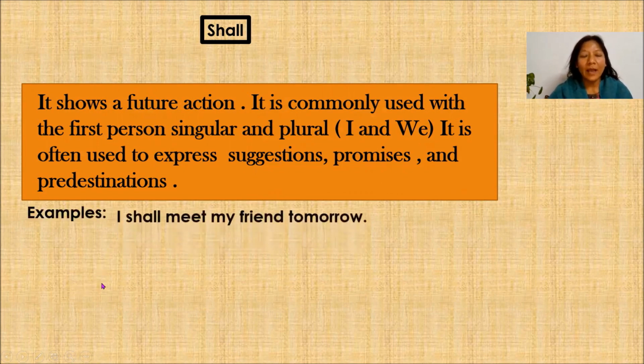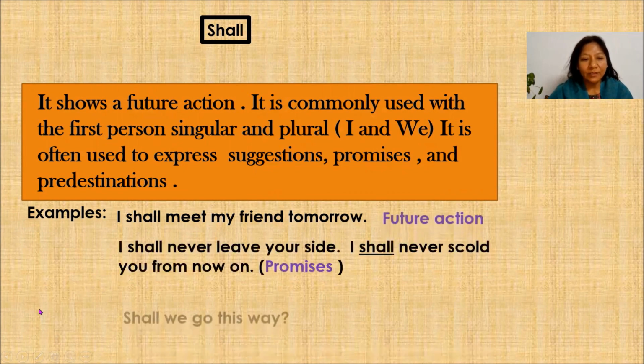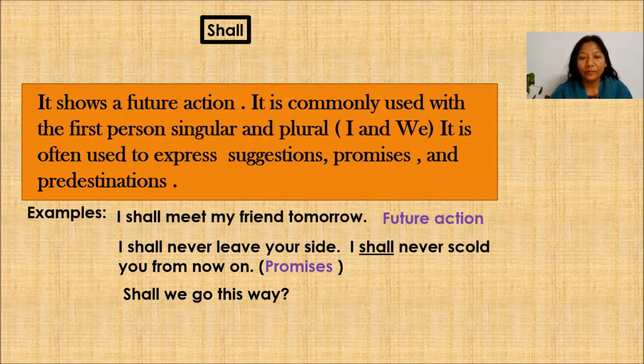For example, here, I shall meet my friend tomorrow. This is future action. I'm going to meet my friend tomorrow. Okay, future action. And I shall never leave your side. This is my promise not to leave your side. I shall never scold you from now on. This is a promise, okay? And shall we go this way?